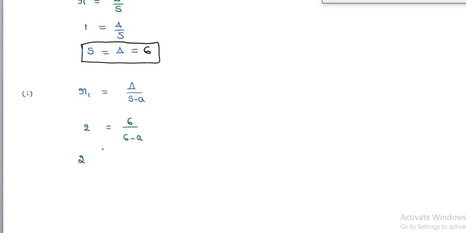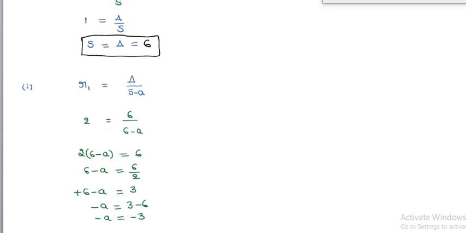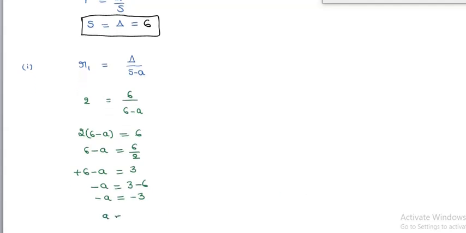Cross multiplication, the s value is also 6. 2 into (6 minus a) is equal to 6. 6 minus a is equal to 6 by 2. 6 minus a is equal to 3. Plus 6 is transposed to the right side as minus 6. Finally, minus a is equal to minus 3. Both side negatives cancel. The a value is 3. That is the a value.